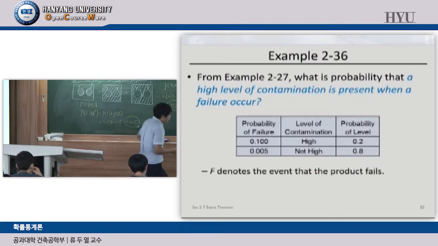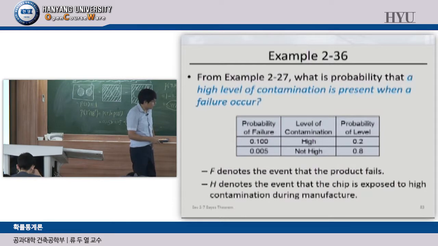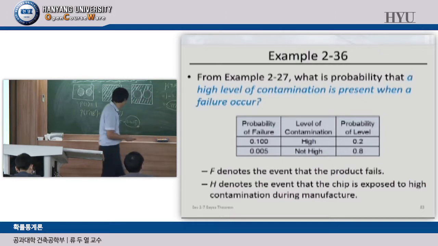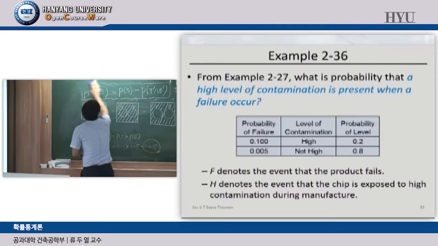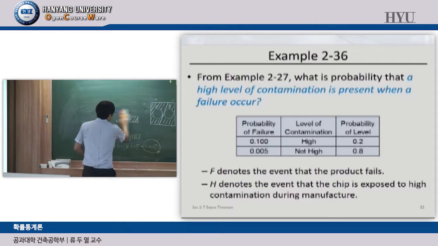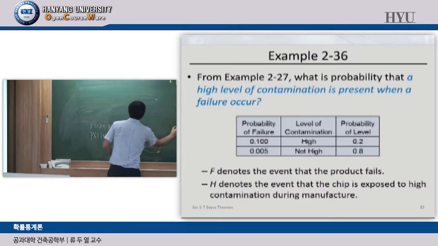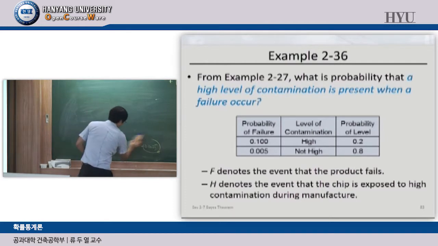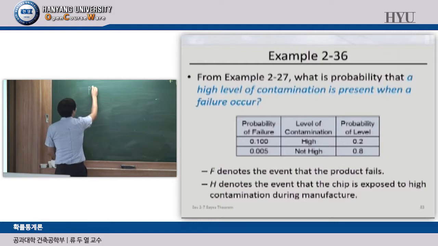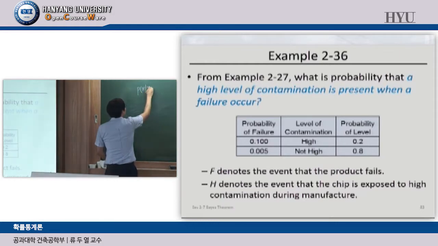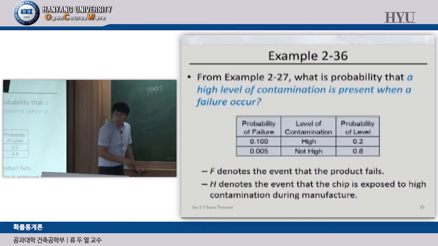So if F denotes the event that the product fails, and H denotes the event that the chip is exposed to high contamination during manufacturing, this question can be expressed by the conditional probability of high contamination given failure.